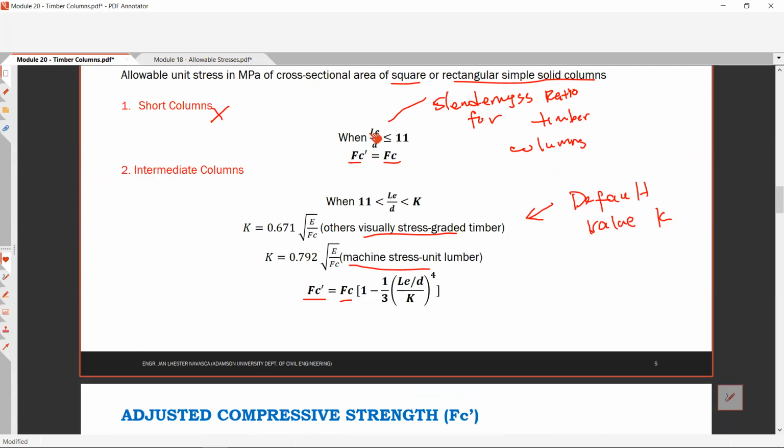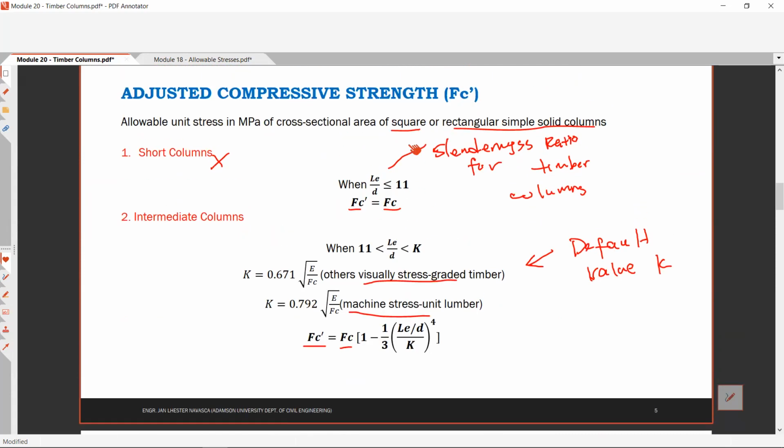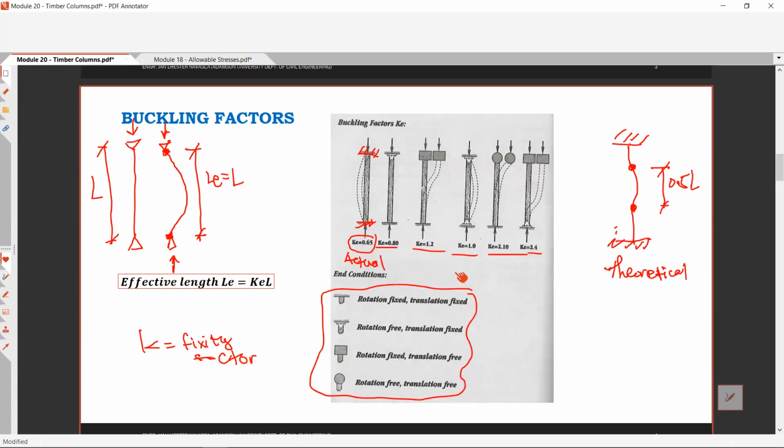You need to find your LE over D, or the slenderness ratio for timber columns, and the value of K, or yung limiting slenderness ratio. Where LE is the effective length, that is equivalent to the fixity factor multiplied by the total length. So iba-iba yung buckling factors niya, depending on the support type.